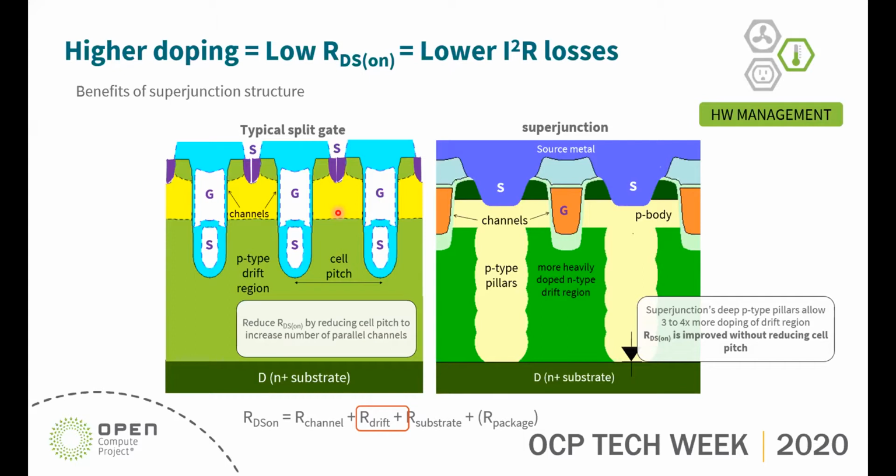Now, to achieve a lower RDS(on) with the superjunction technology, there are some clever techniques that are used, where the doping and the engineering of the actual cells is done so that you don't need to resort to thinning the cell pitch to achieve that.